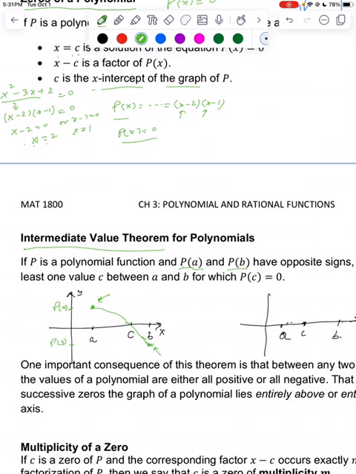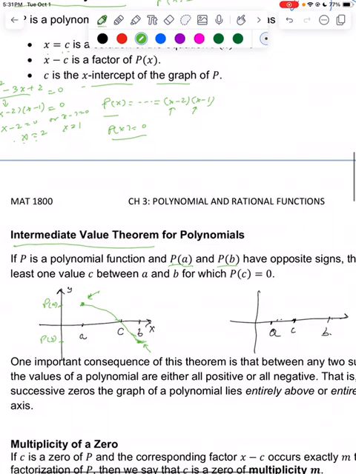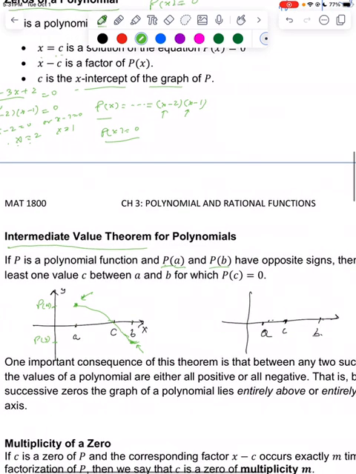That if we have this situation, this gives us a quick way of seeing where the zero is and how the function is behaving around that zero. Okay, let's see now if we have the opposite. At a the value is negative and at b the value is positive.